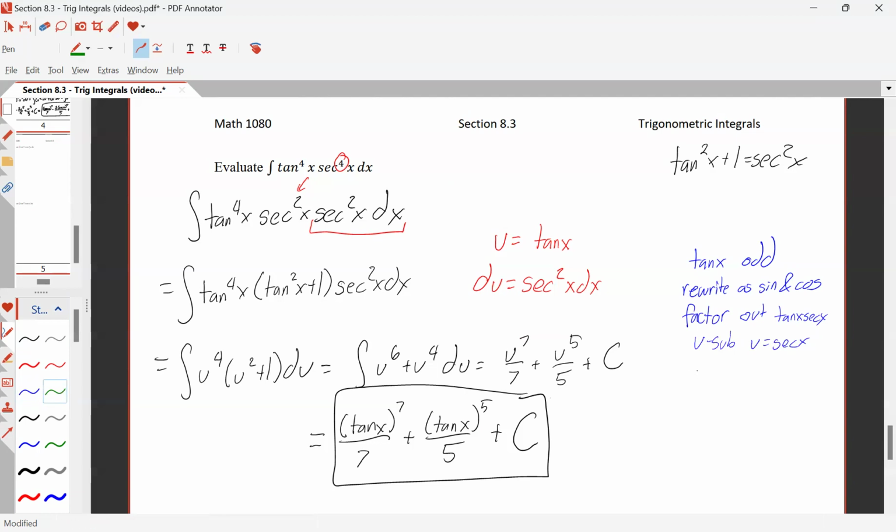If secant x has an even power, we want to factor out a secant squared x and use a u sub with u equals tangent x.